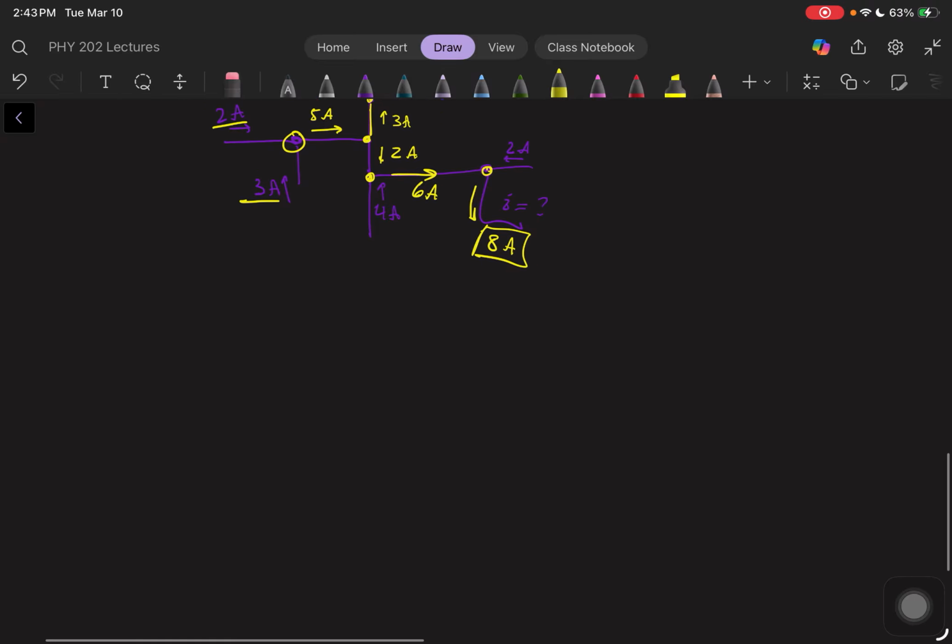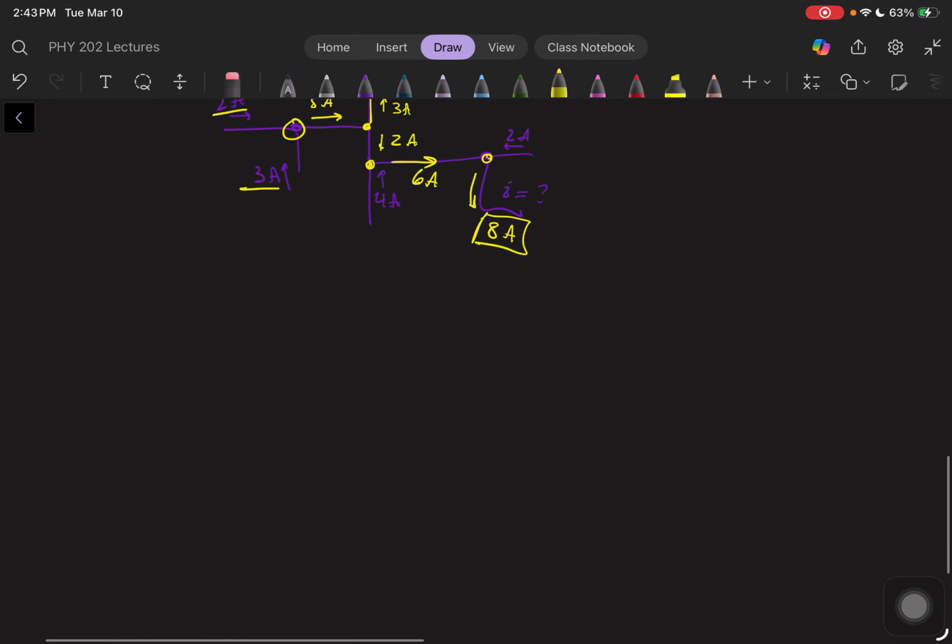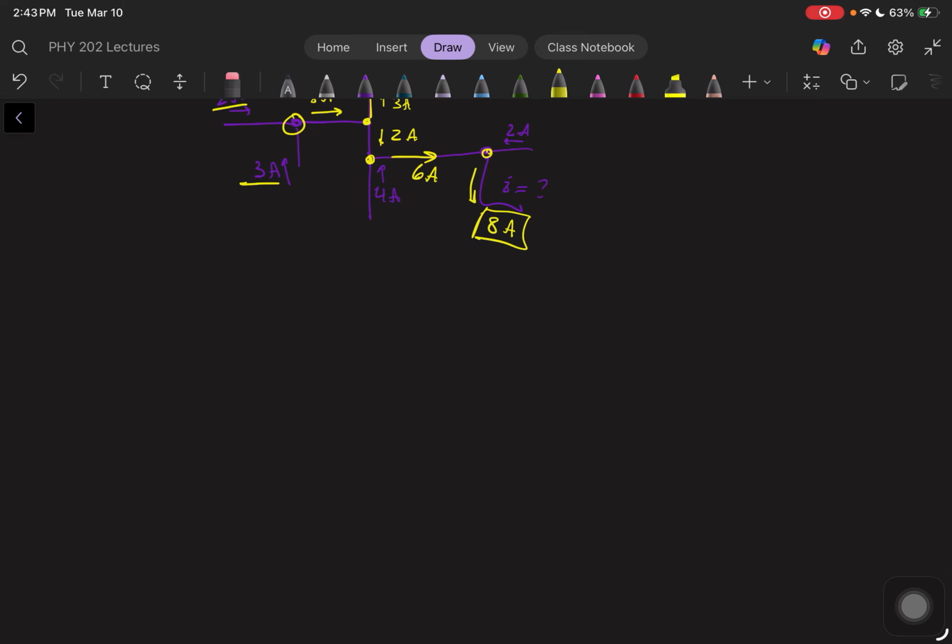Okay. So that's cool beans. And so let's hop on to 26.3. Current density. Okay. And so we kind of want to start thinking about current as a flow.